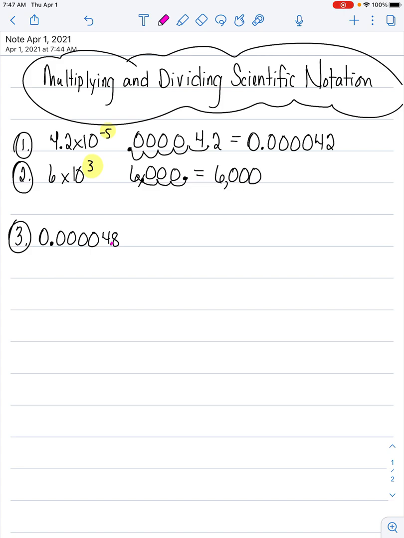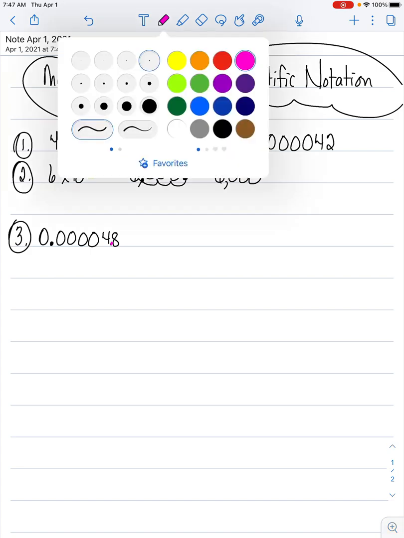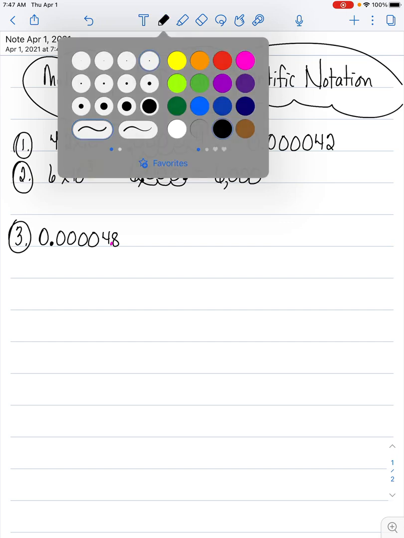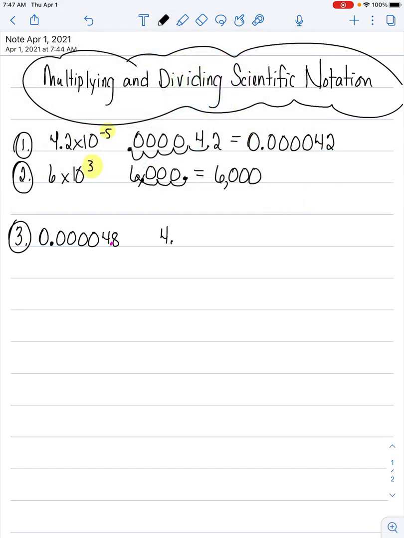Remember, we want a 1, 2, 3, 4, 5, 6, 7, 8, or 9 in front of the decimal. So in this case, I'm going to have 4 in front of the decimal. So my number is going to be 4.8 times 10, which is always a part of scientific notation. And I moved 1, 2, 3, 4, 5, and it was a really small number. My decimal started off to the left, so that's why it's a negative 5.